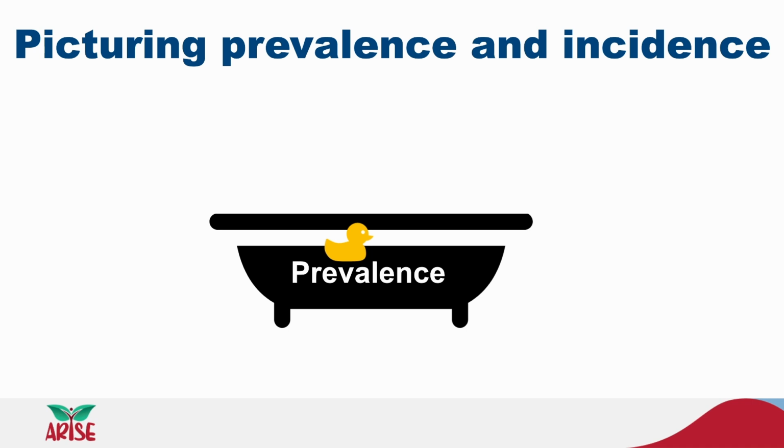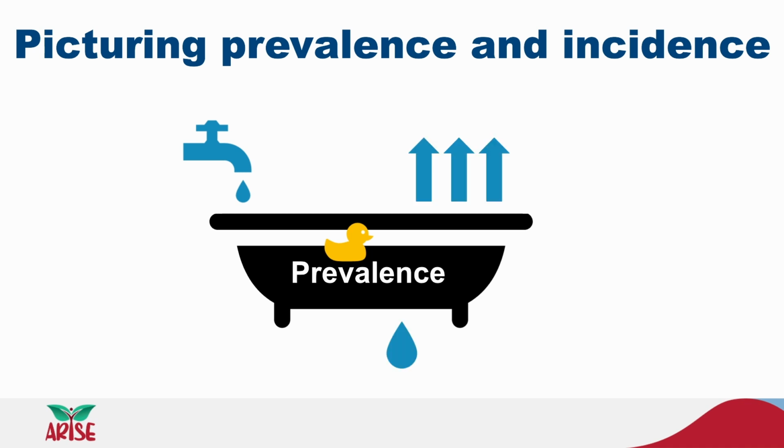So, this is everybody who has a diagnosis of an anxiety disorder. The tap represents incidence. As people develop an anxiety disorder during the 12-month period and are identified as cases, they are added to the prevalence bathwater.